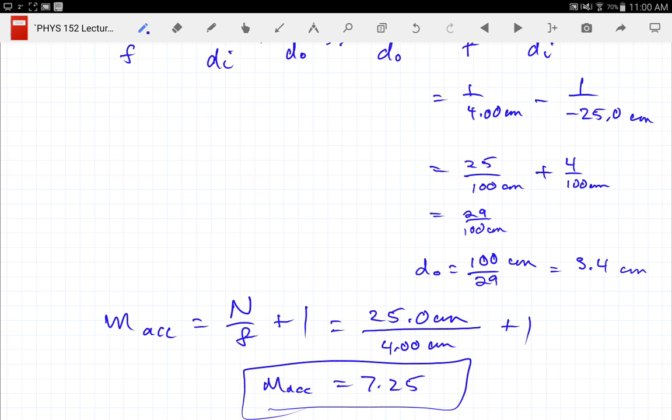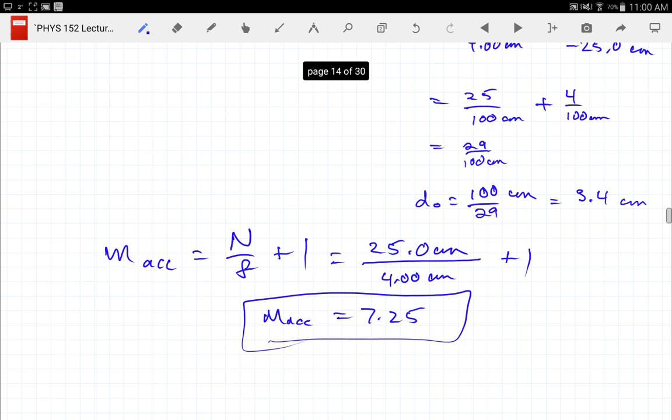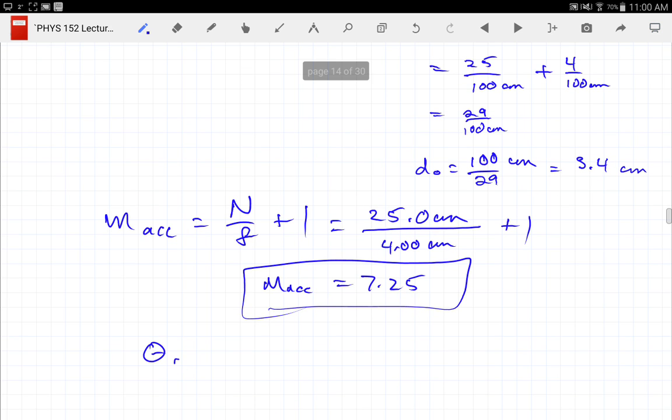Now, we had just found the distance object, so I could have gone through and done it that way. I could have said that my angle aided is equal to the height of the object over the distance object, and the angle unaided is equal to the height over the near point.